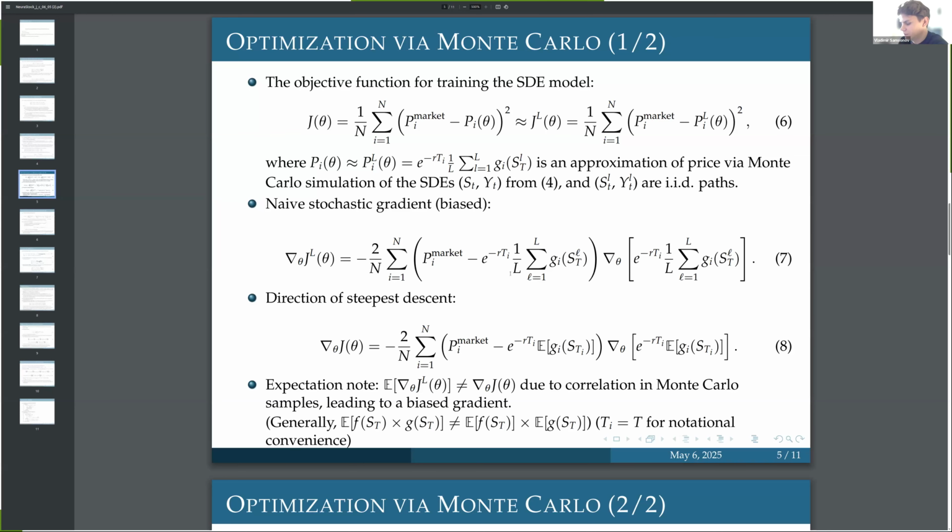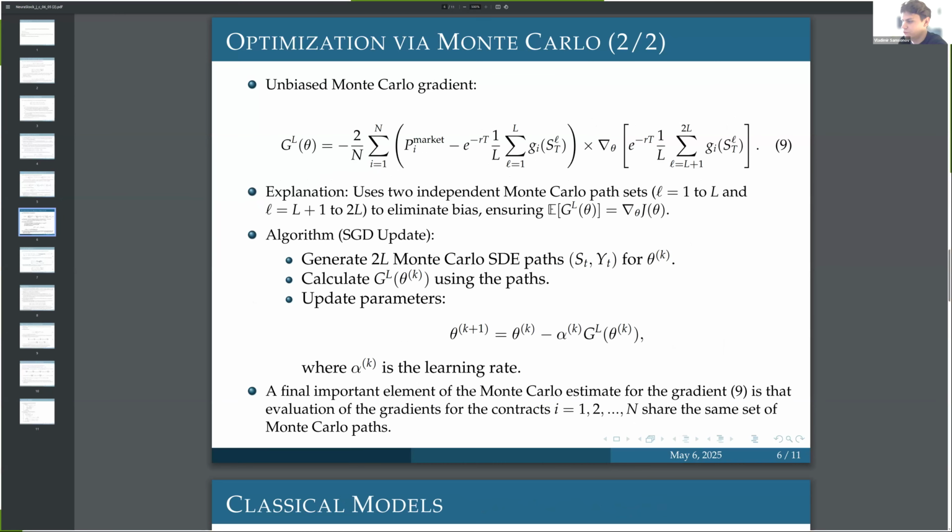So you calculate the derivative of the model-generated price differently from the model-generated price itself, and use these separate derivatives. You calculate the gradient.